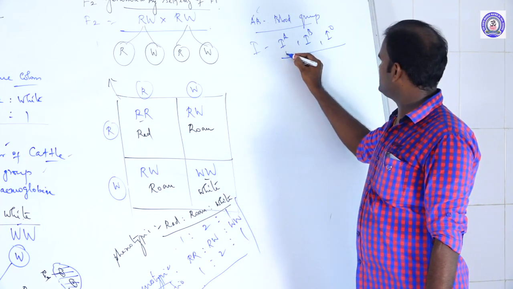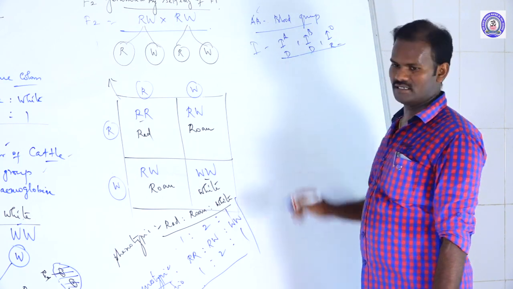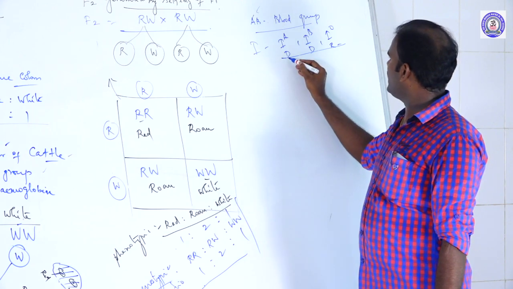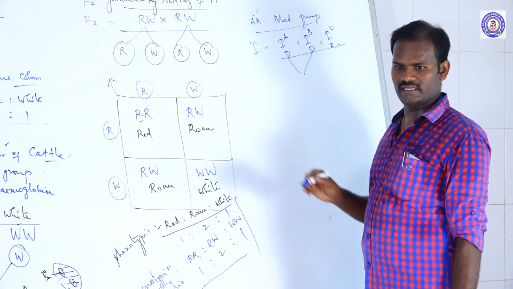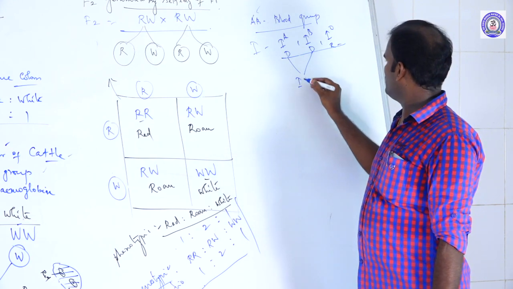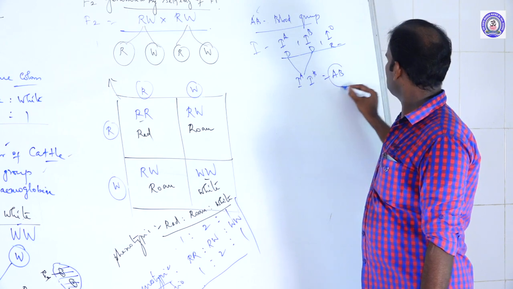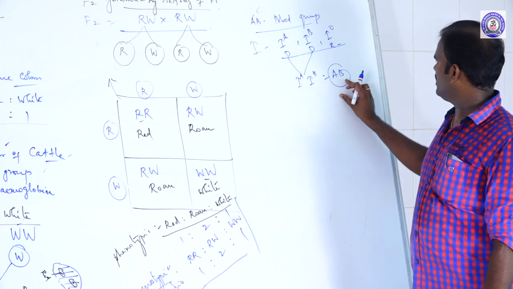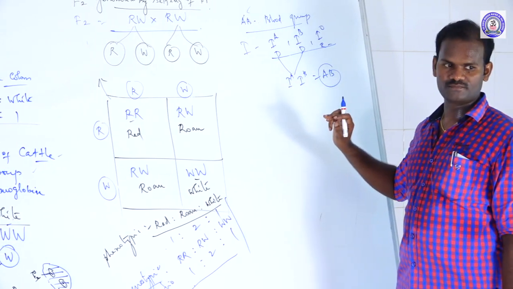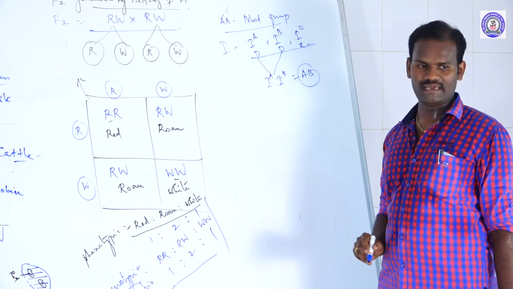Here IA is dominant, IB is also dominant, and IO is a recessive character. If both IA and IB are fused together, the blood group is IA IB, which is AB blood group. These are called codominants. So AB blood group is codominant.